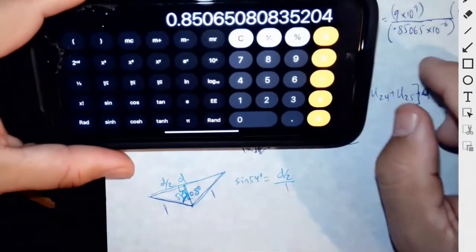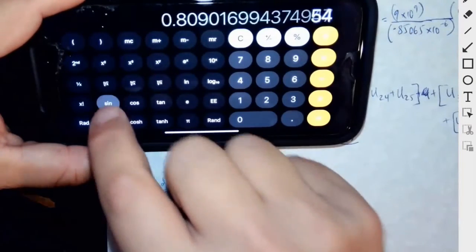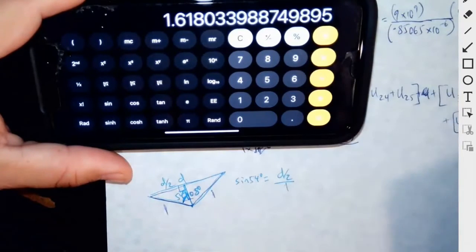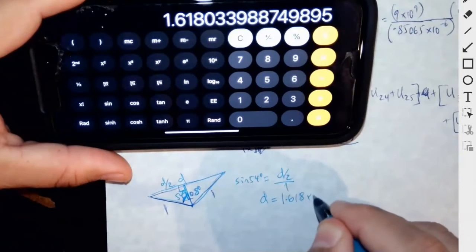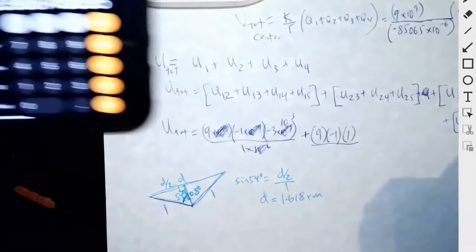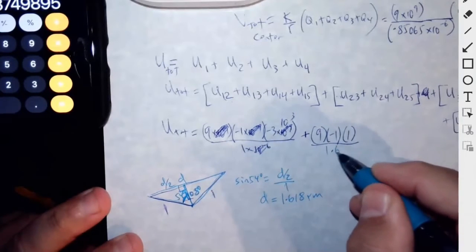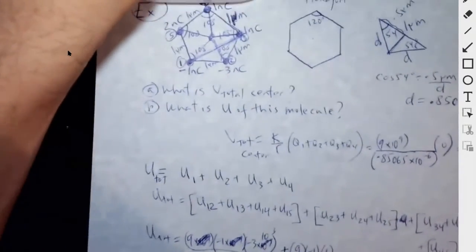D is 2 times sine of 54. So D is equal to 1.618 micrometers. Okay, so this distance is going to be 1.618. So we're still on U13. Let's expand this here.